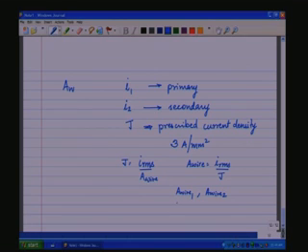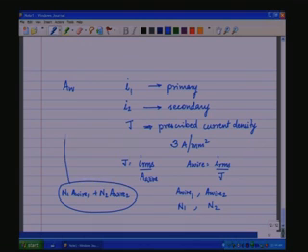Now, there are N1 number of windings for the primary wire, N2 number of windings for the secondary wire. So, N1 into its cross section area plus N2 into the wire's cross section area of the secondary, all these must fit into the available window area of the core.